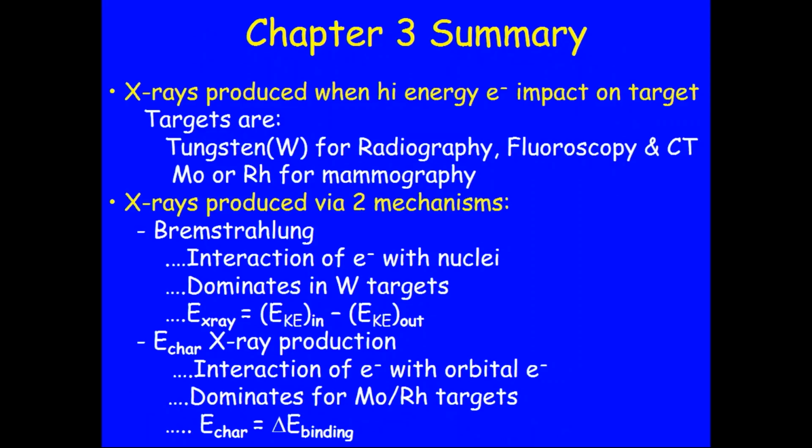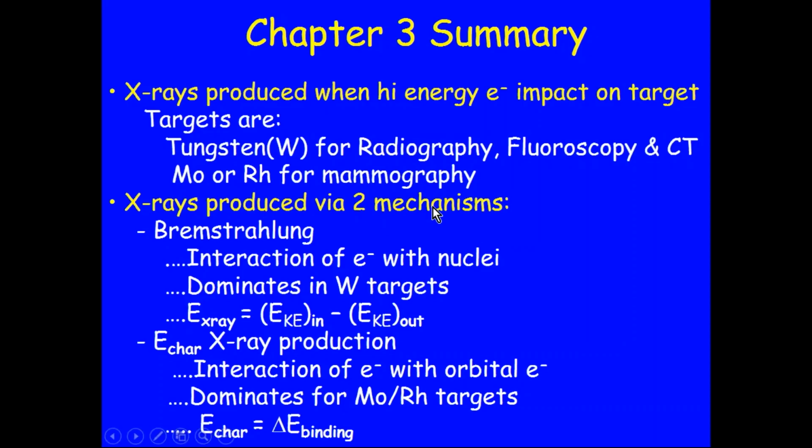I've put some summary things over here, going right back to the beginning of the chapter, where we have X-rays produced when high energy electrons impact the target. Remember that? And we talked about different targets, typically tungsten for radiography, fluoroscopy, and CT, and molybdenum and rhodium for mammography. There were some trends for going back to tungsten, as we discussed, for digital mammography.